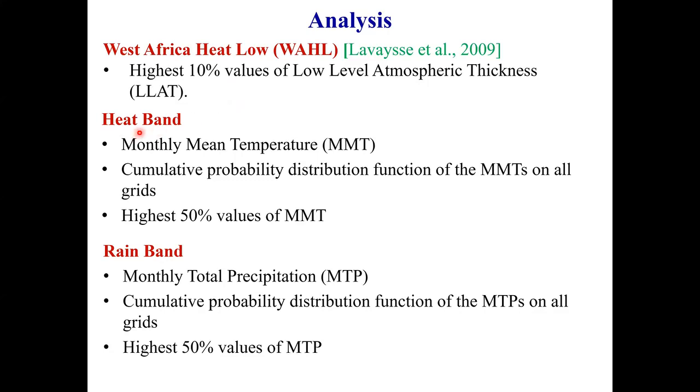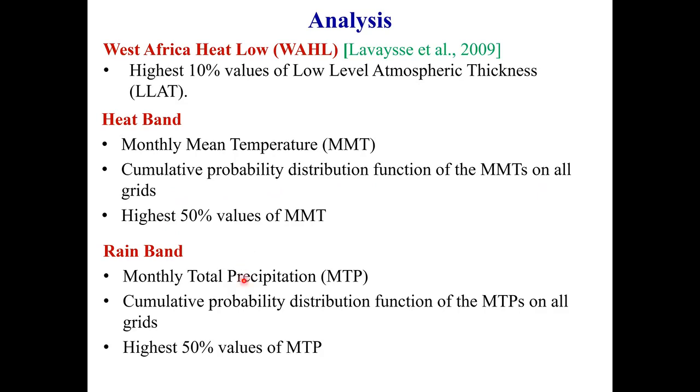And then the heat band, which is a new feature or process that I developed, was determined by constructing the monthly mean temperature, MMT, and then finding a cumulative probability density function of the MMT on all grids over the region. And when it is done, you extract the highest 50% values of the MMT, and those 50% values are determined as the heat band.